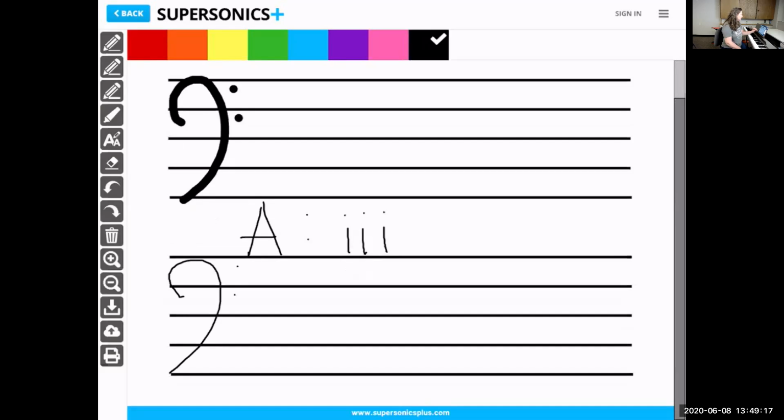For A major, the key signature, we have to think about F sharp, C sharp, and G sharp. And again, I'm going to use my scratch paper to think about my chords. There's my 1 chord starting on the A. My 2 chord would be a B.